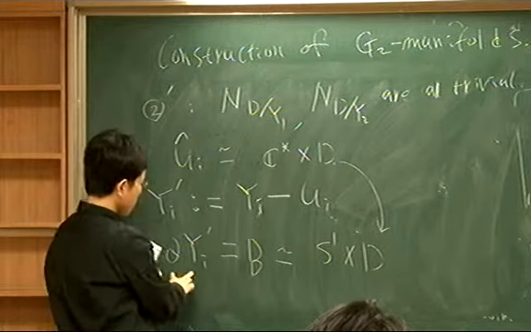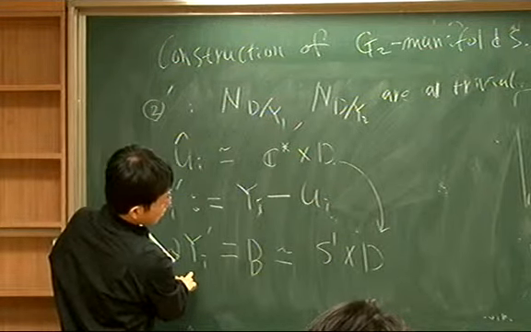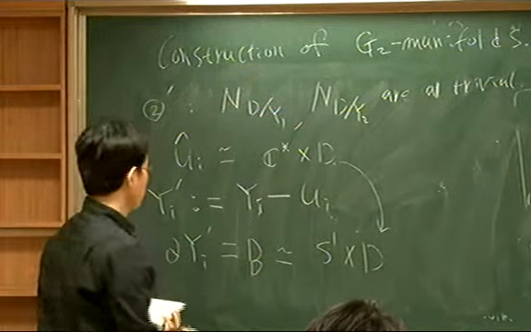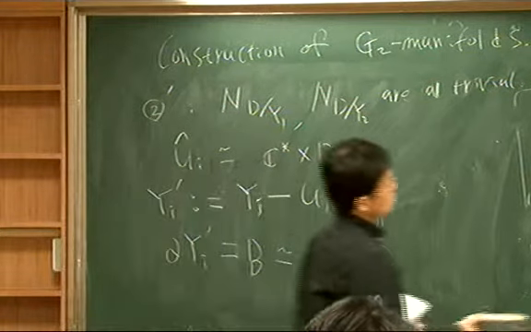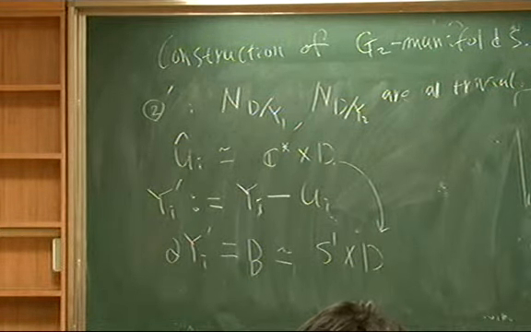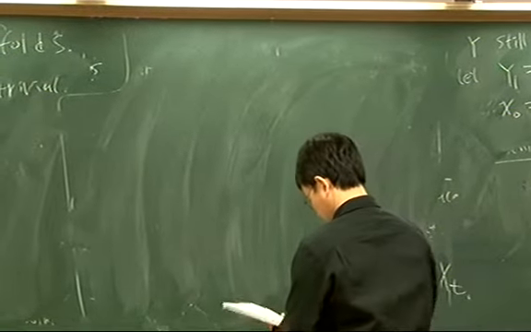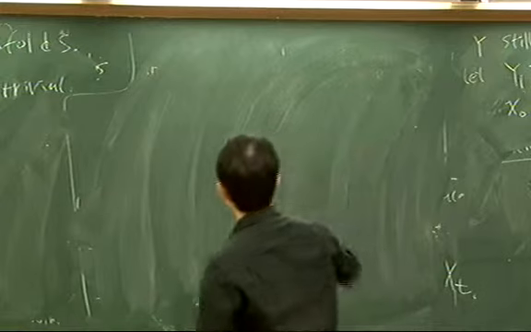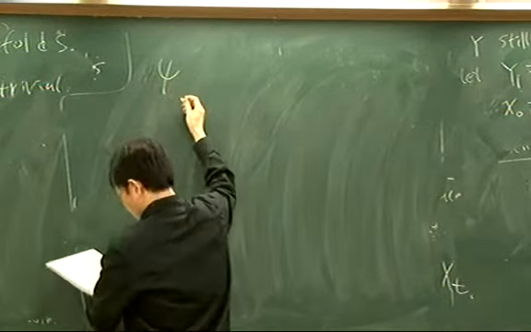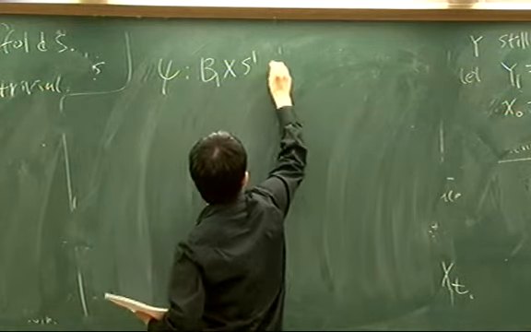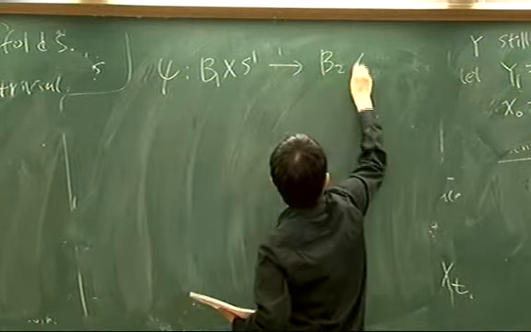So this boundary is, let's say, 5 real dimensions. Okay, so now we define a map psi from B1 times S1 to B2 times S1.